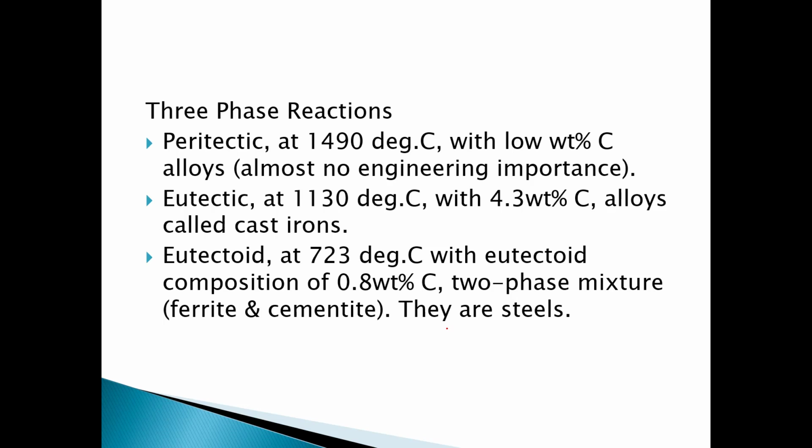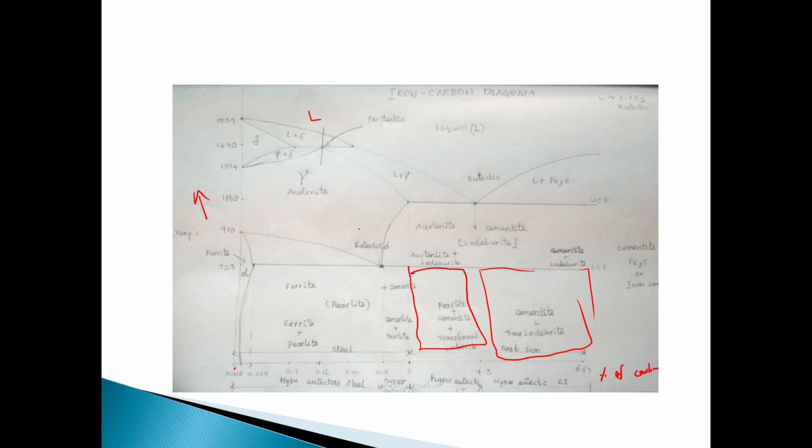So that is what here at 720 degrees Celsius, 0.8 percentage of carbon we have eutectoid. So at 4.3 percentage of carbon at the temperature of 1130 degrees Celsius we have eutectic.